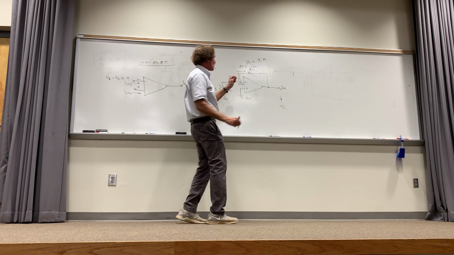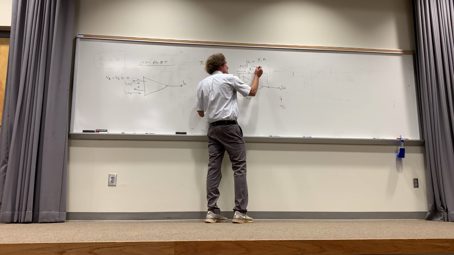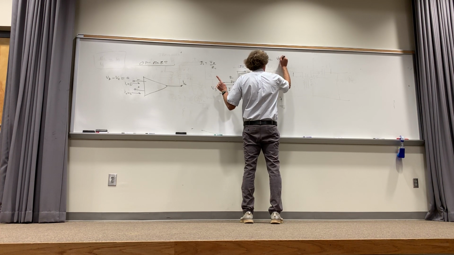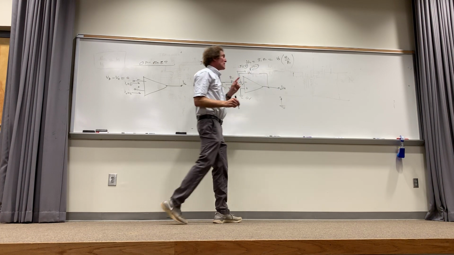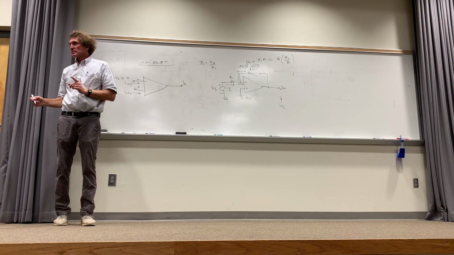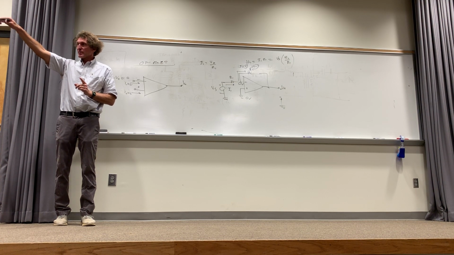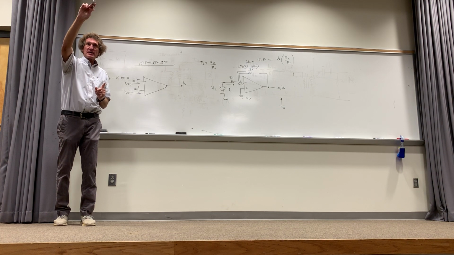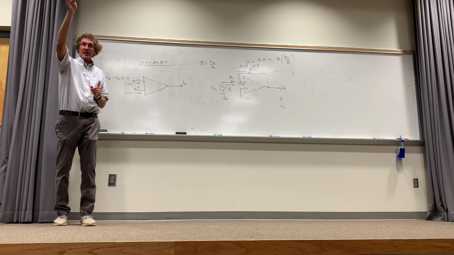So I can say this voltage, and you'll notice I've got a plus to a minus, is really going to be Vs times R2 over R1. Do y'all agree with me? Not done yet. Y'all see it here? Right? Isabel, can you see it? Yep. In the far back.